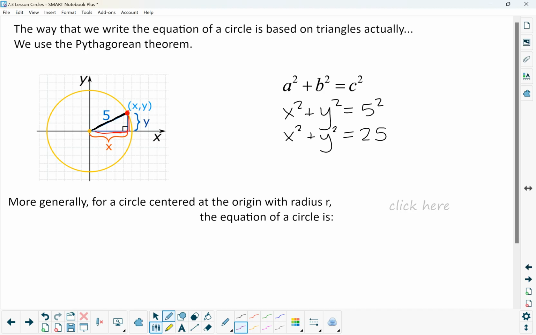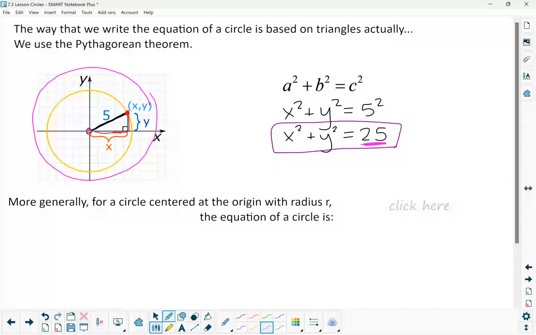So this is the equation of a circle with a radius of 5 that happens to have its center located at the origin. For different sizes of circles, if we have a bigger circle, this number right here will be different. It just depends on how big the circle is. But this definitely is a circle that is centered at the origin.